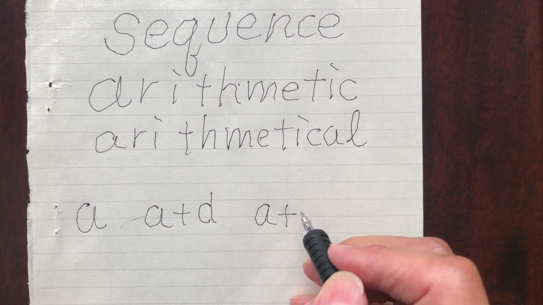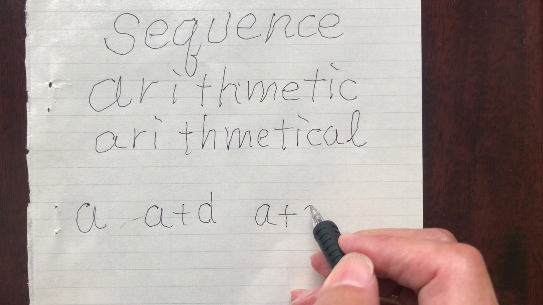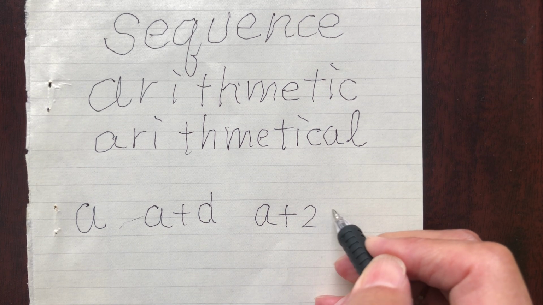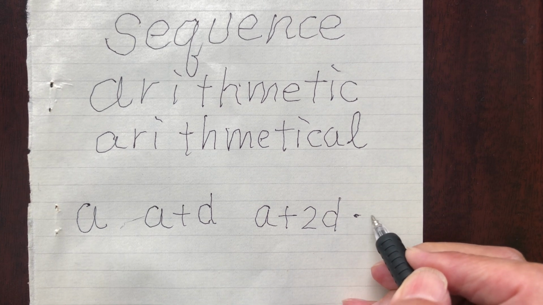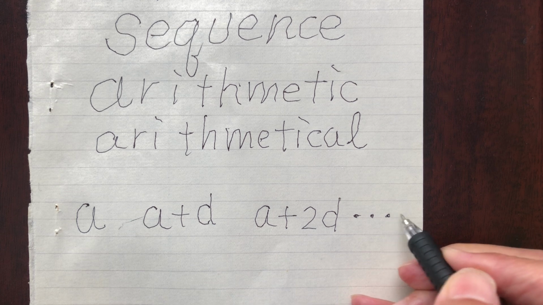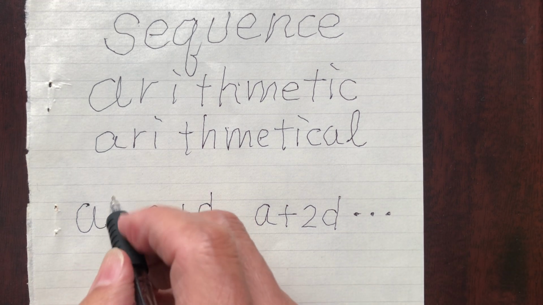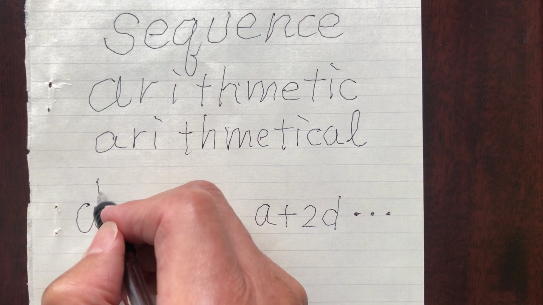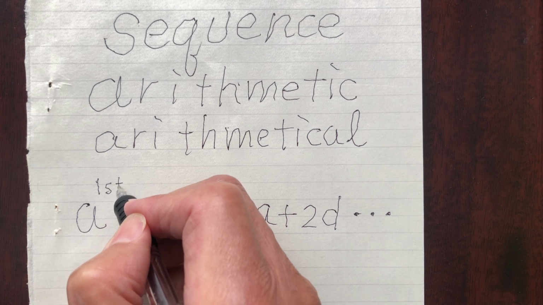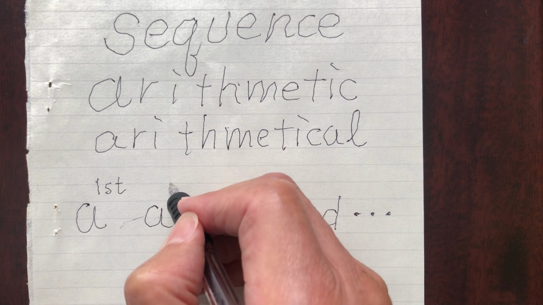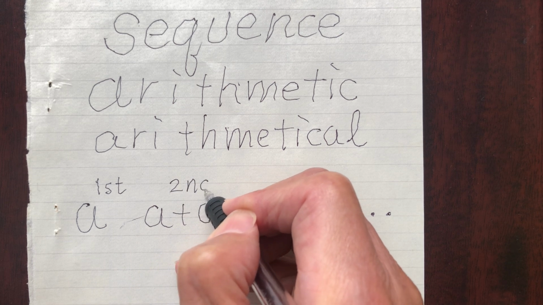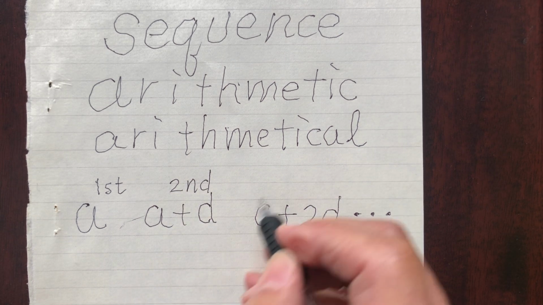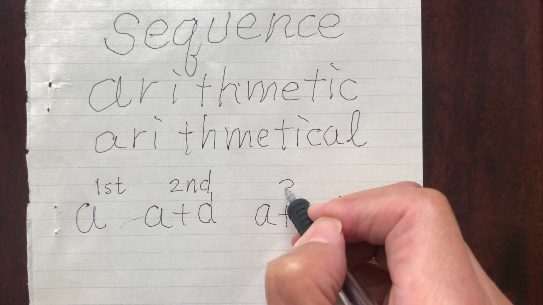So now it becomes A plus 2D, and so on. So this is the first term, this is the second term, this is the third term.